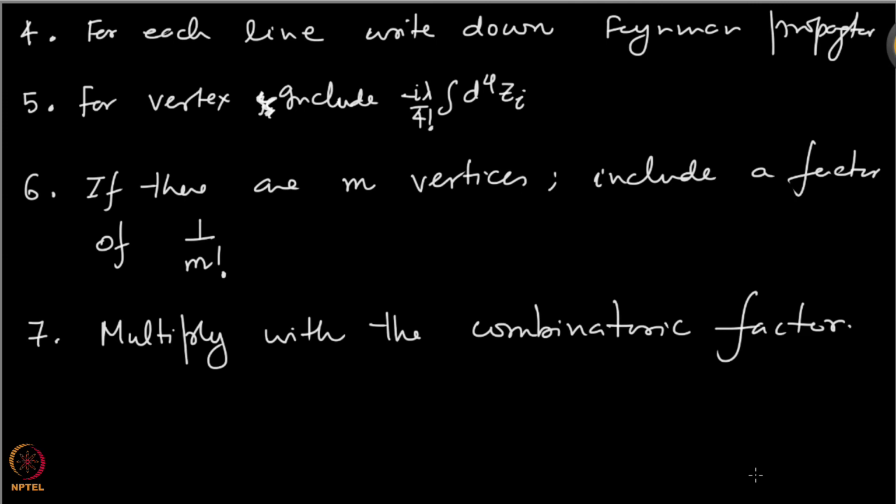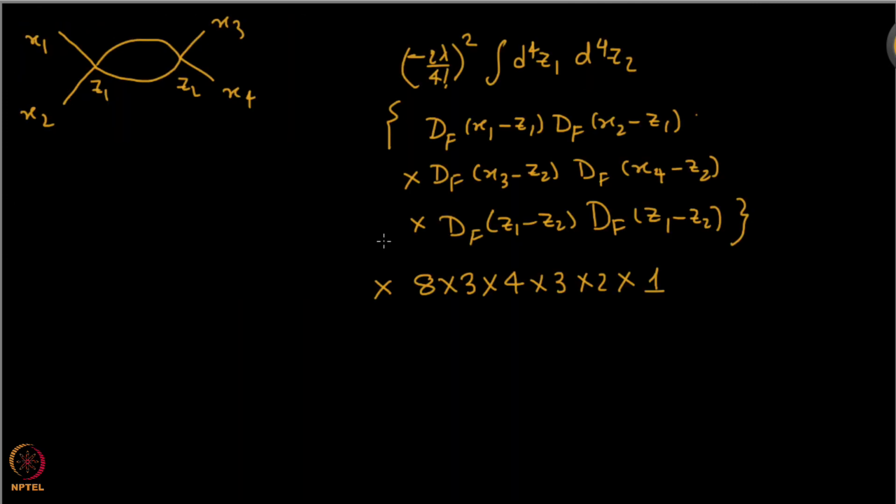So this is 1 over 2 factorial that I should multiply. And this is the expression for this diagram that contributes to the 4-point function. Okay, looks fine. Hopefully there is no mistake here.